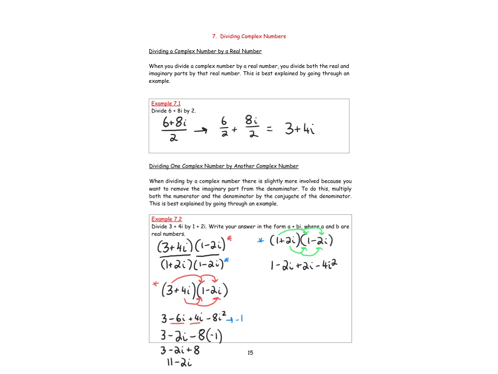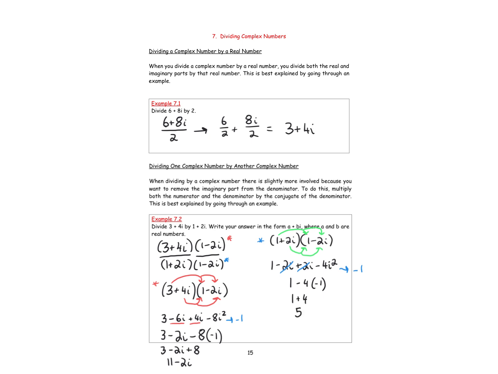Then we have negative 2i plus 2i, that will cancel, so we'll be left with 1, and then here we have an i squared, so that's equal to minus 1, so that will be changed to minus 4 times minus 1, so this becomes 1 plus 4, which is 5.